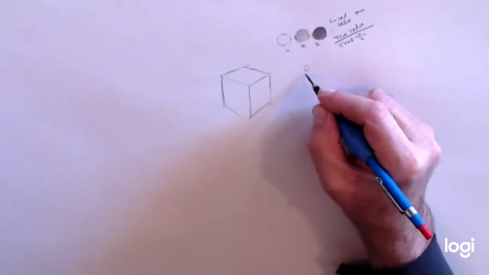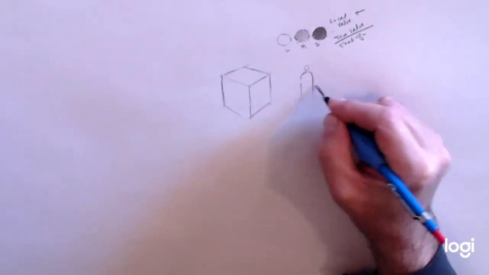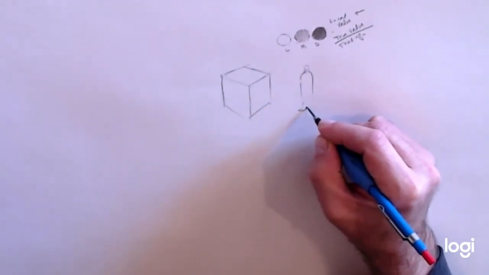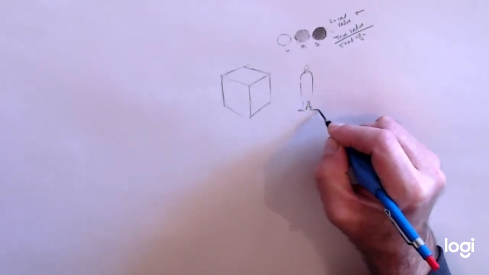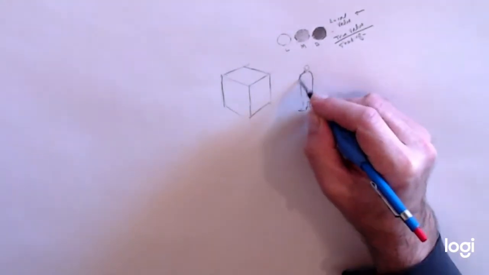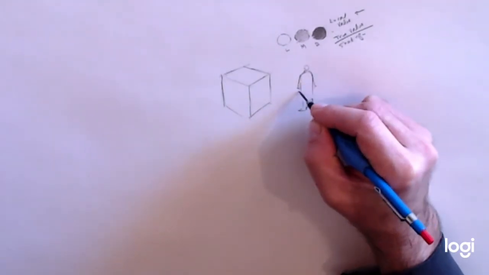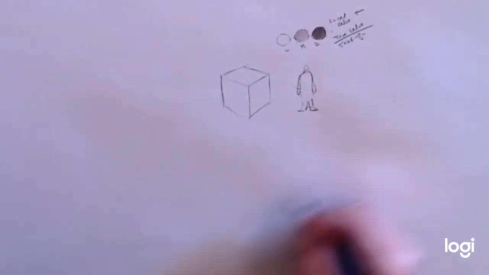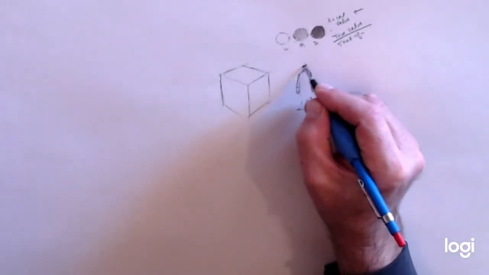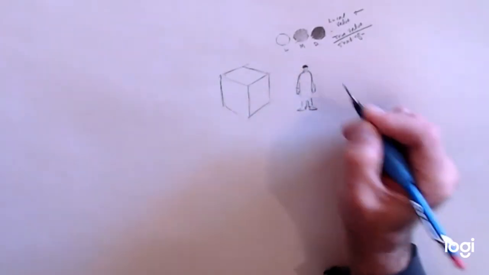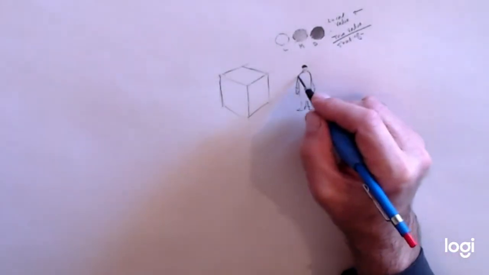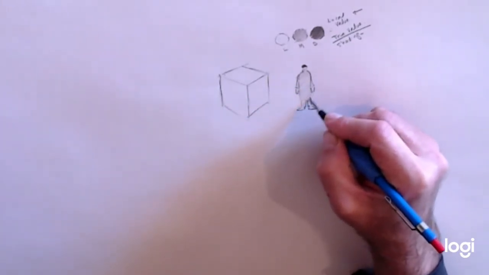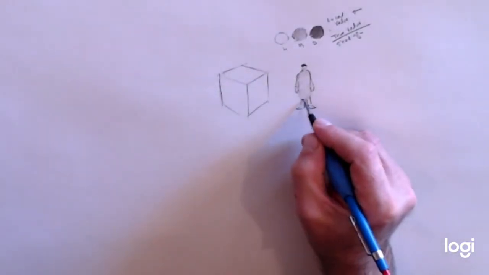And so if we're drawing a picture of a person, we could say this person is wearing a dark hat. They're wearing a medium gray coat. They have on dark pants.